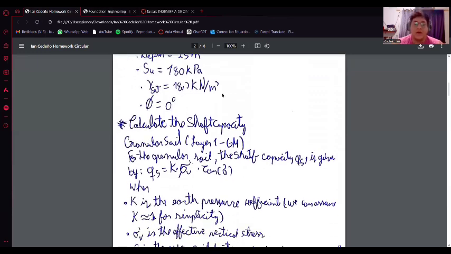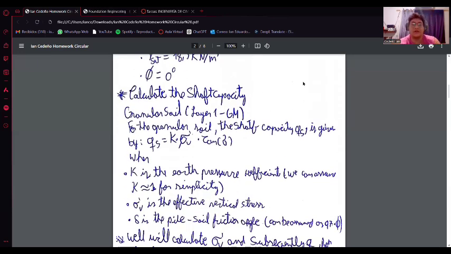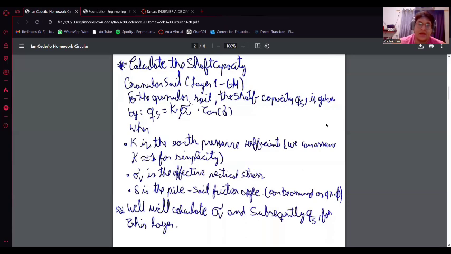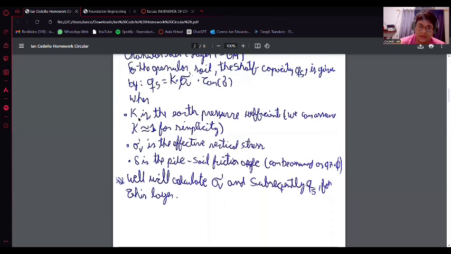First of all, we consider calculating the shaft capacity for granular soil, for layer number one. For granular soil, the shaft capacity is given by q = K σ'v tan δ, where K is the earth pressure coefficient, which we can assume is similar to 1 for simplicity.